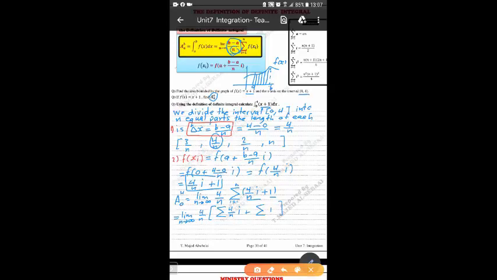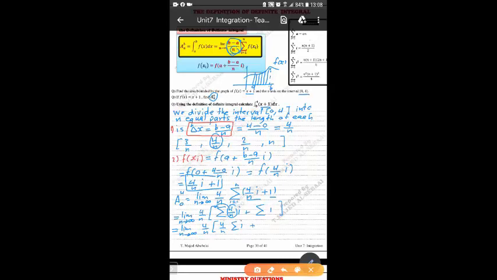Now, I can take this part outside the summation. It's one of the properties of summation. This will be the limit as n goes to infinity, 4 over n, don't touch it, 4 over n again, summation of i, plus the summation of 1.